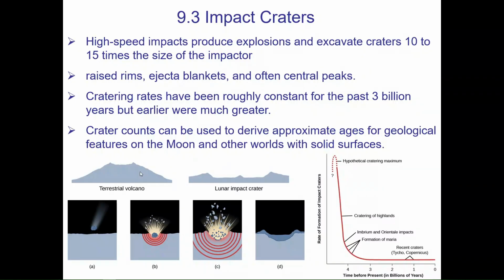And what is the process of the impact that actually creates those craters? When debris from space is about to collide with the surface of the moon, you can see there's no air on the moon, so there's nothing to stop or burn out those meteors or asteroids heading towards the moon.